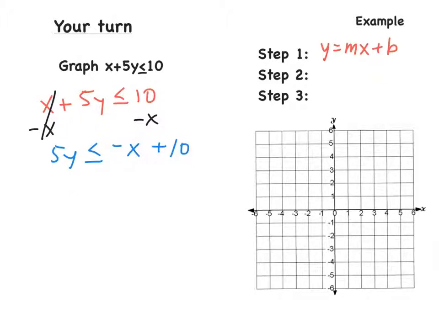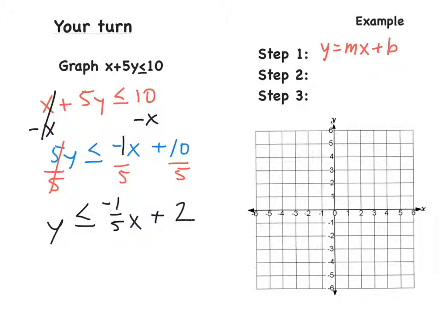So I'm going to divide by 5. I divide that by 5, divide this by 5, those cancel. So y is less than or equal to, remember this is a 1, so it'd be a negative 1/5 x plus 10 divided by 5 is 2.